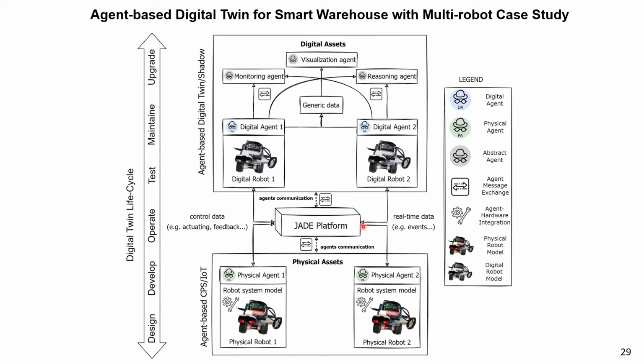And of course, the agents also use real-time data such as MQTT data generated from ultra-wideband tags to read the coordinates of the robots. Digital agents can use this data to do some monitoring and visualizing tasks, and also this data can be stored in the repository as historical data.